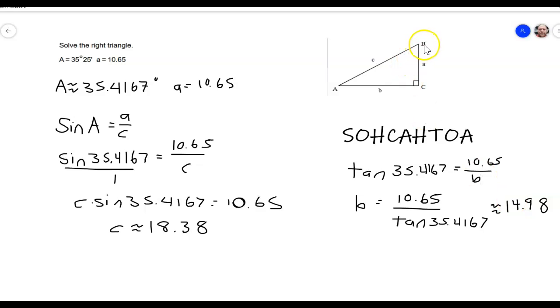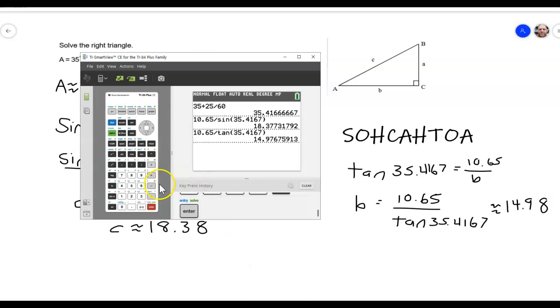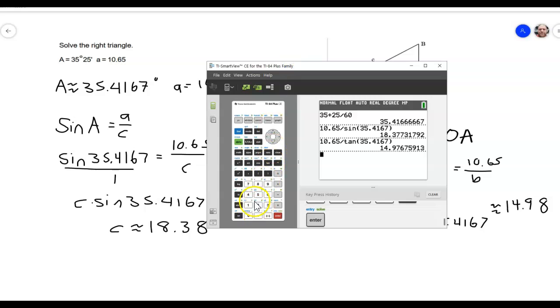Finally, in order to get the angle B, we know angle C is 90, and we know angle A is, to 2 decimal places, 35.42. The angles all have to add up to 180, so 180 minus 90 minus 35.42.